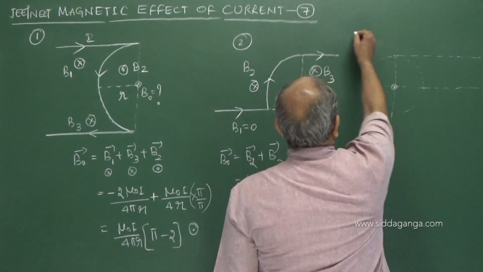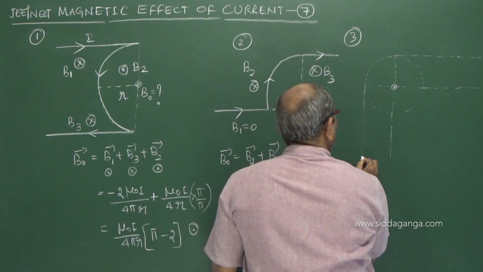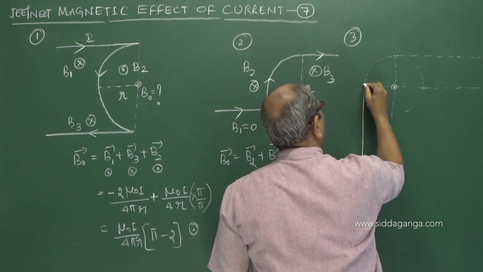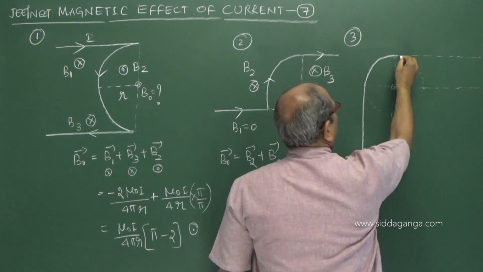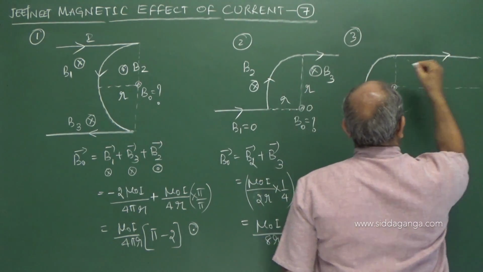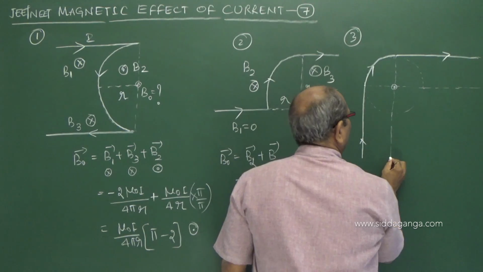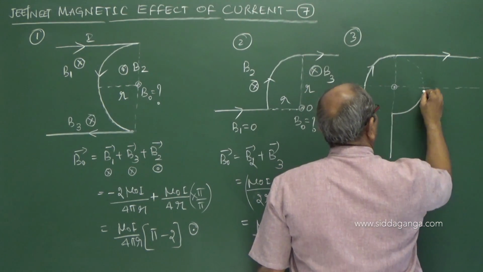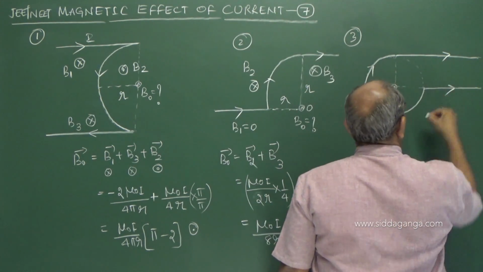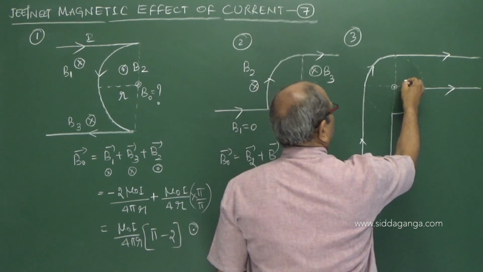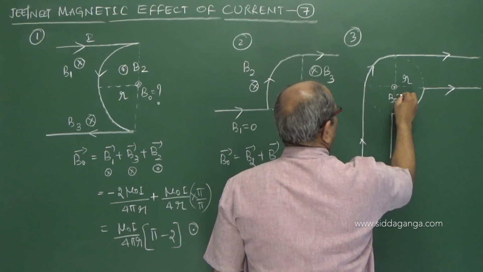Let us take the third example. Infinitely long wire bent like this and went straight, and again here bent in the form and proceeded straight. This radius is R. Our field at the center is how much?